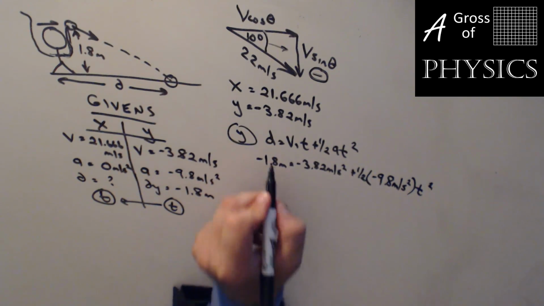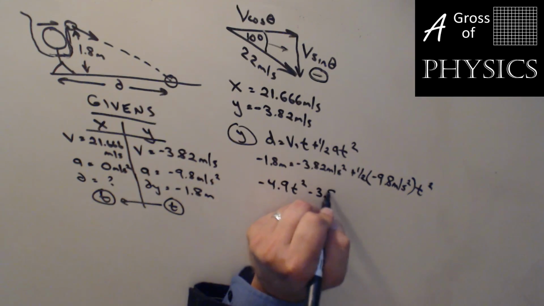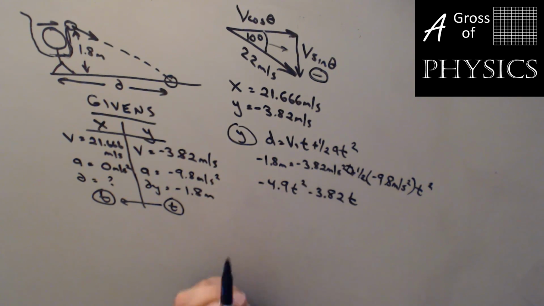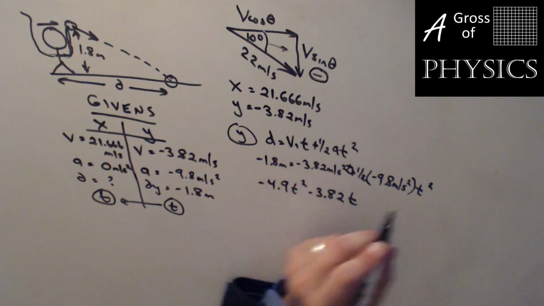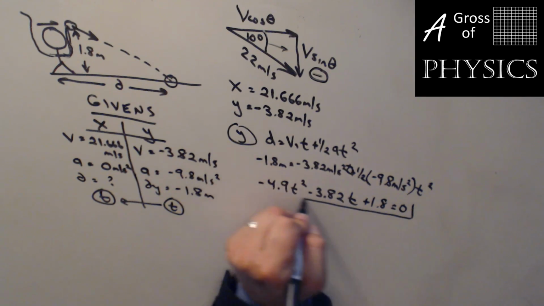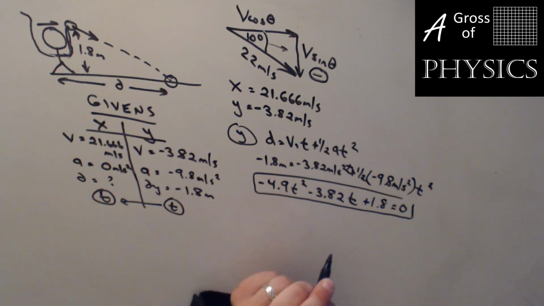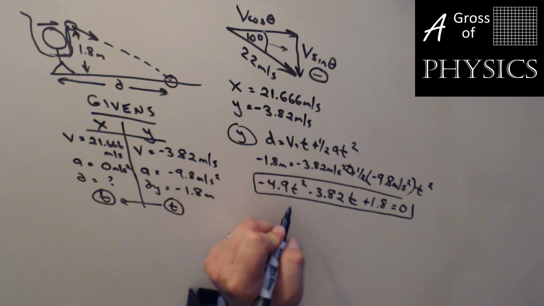And I'll simplify that by doing negative 4.9 t squared minus 3.82 t. And I think I forgot to write the t in the equation. And then if I bring the 1.8 over, it becomes positive 1.8 equals 0. So my a term is negative 4.9, my b term is negative 3.82, and my c term is positive 1.8.